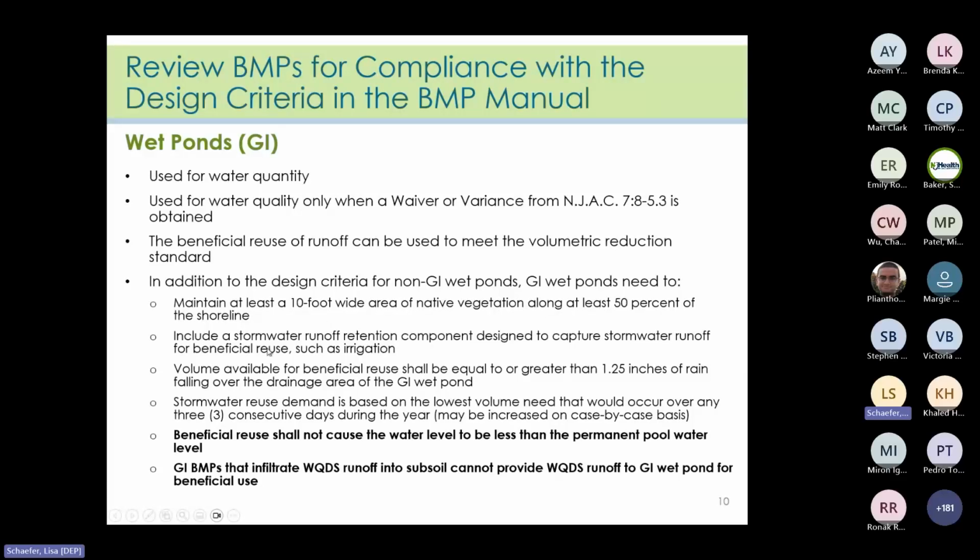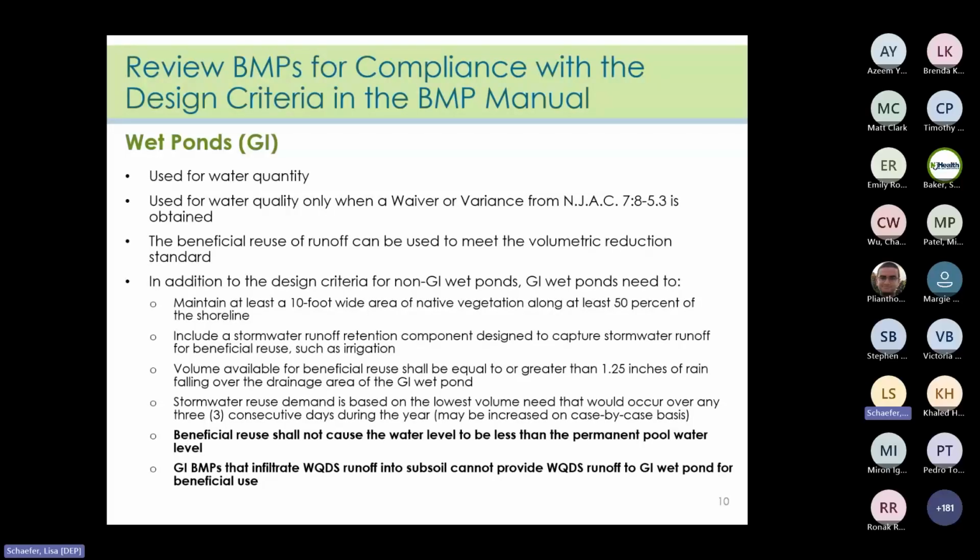They need to include a stormwater runoff retention component designed to capture stormwater runoff for beneficial reuse, such as irrigation. The volume available for beneficial reuse shall be equal to or greater than 1.25 inches of rain falling over the drainage area of the GI wet pond.